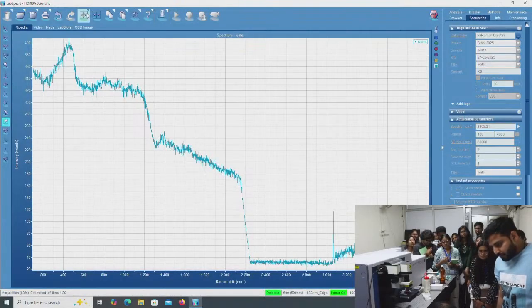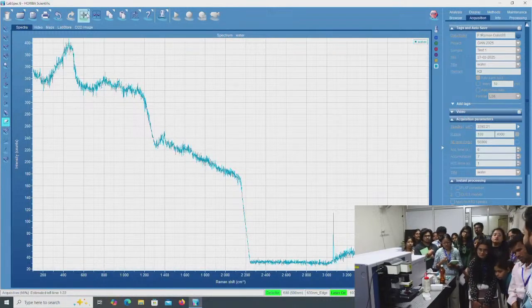The accumulation is 7 times for each region. So this is the OH stretching band.